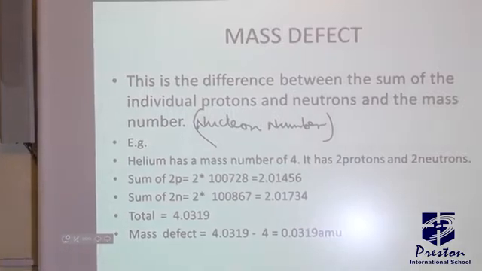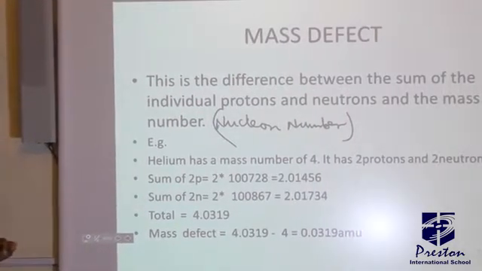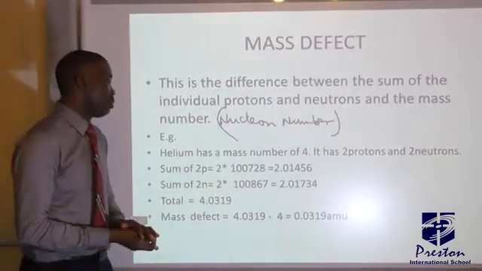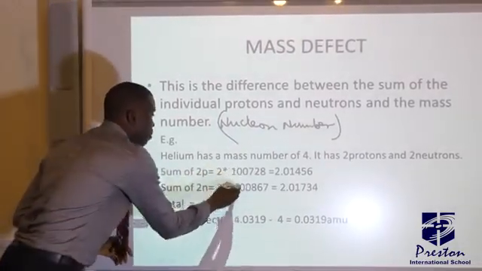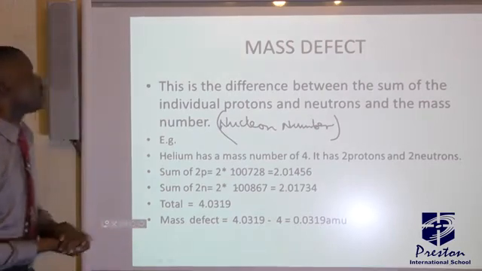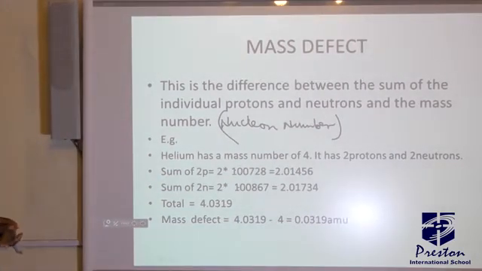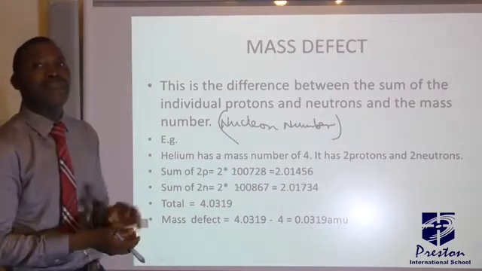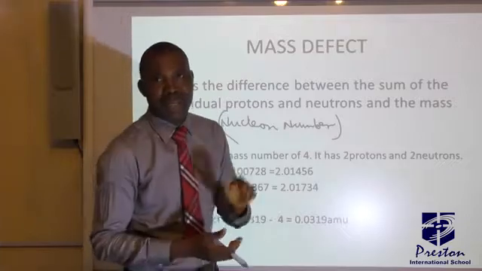What I mean is this. I showed you the mass of a proton. I said the mass of a proton is 1.00728, and the mass of a neutron is 1.00867.